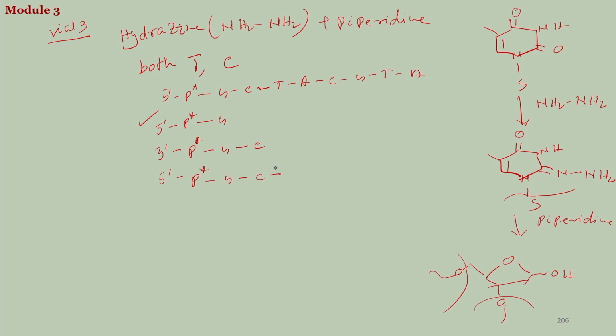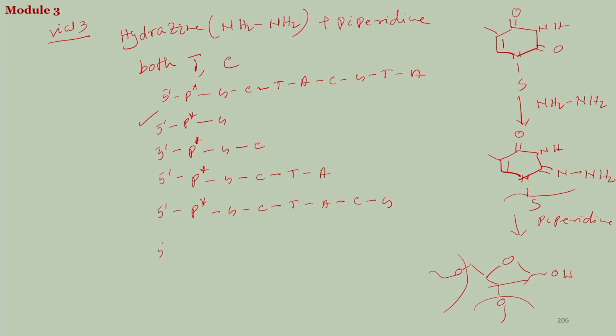G, C, T, A, another C is coming, it will stop here. G, C, T, A, C, G, T is coming next, so it will stop there and that is basically it, you will not have any other.